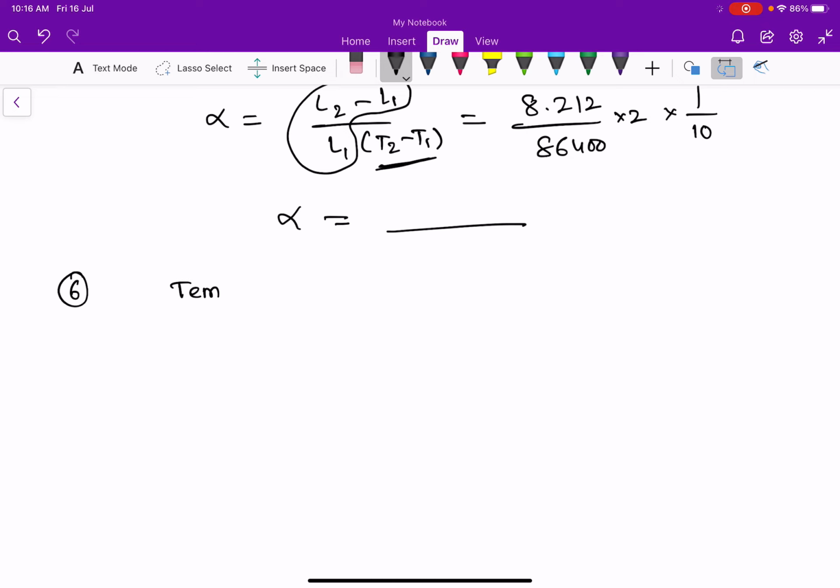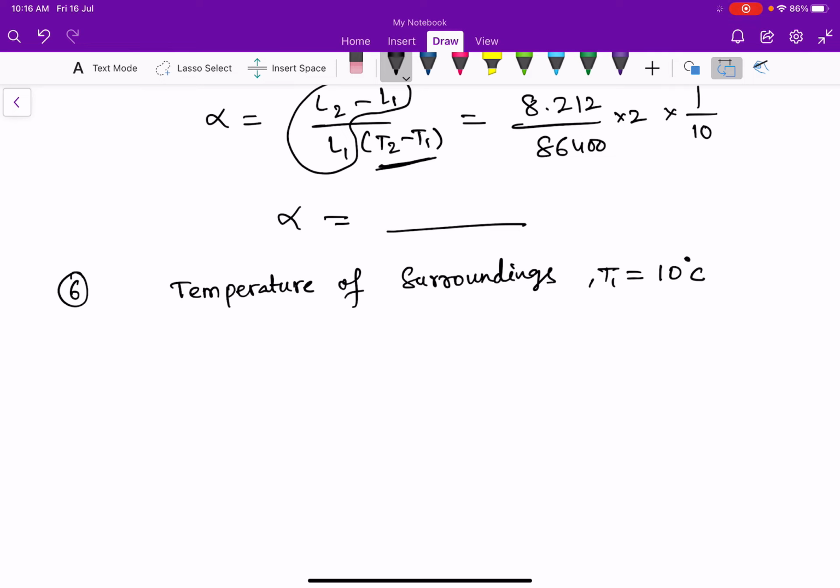Here, the temperature of the surroundings, T1, is 10 degrees Celsius.